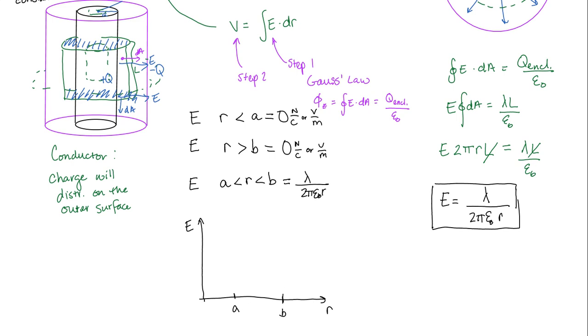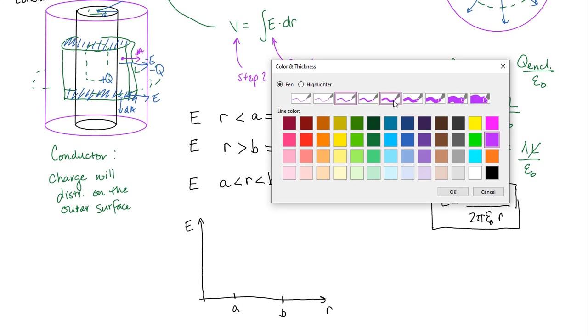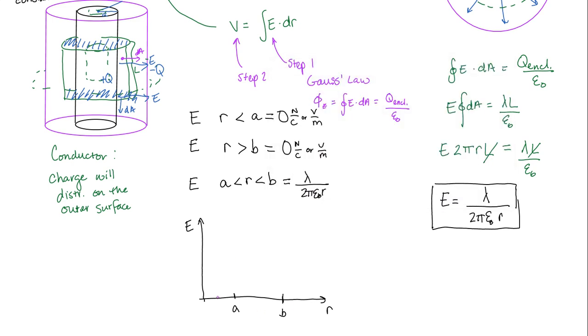Now I'll pick a thicker line so we can see it. We said the electric field on the inside was just all 0. We said the electric field on the very outside is all 0. But the electric field here is a function 1 over r. So if I kind of draw this, it would be something that looks like this. Okay, and so we have this function.